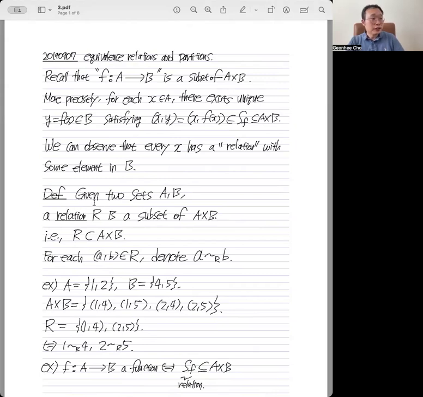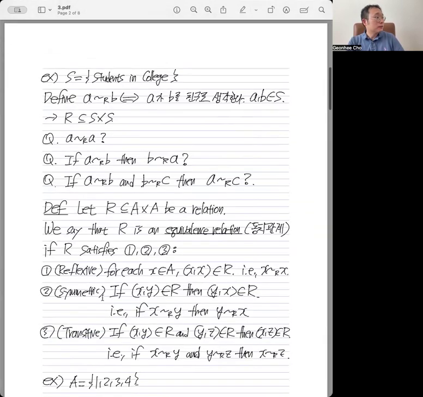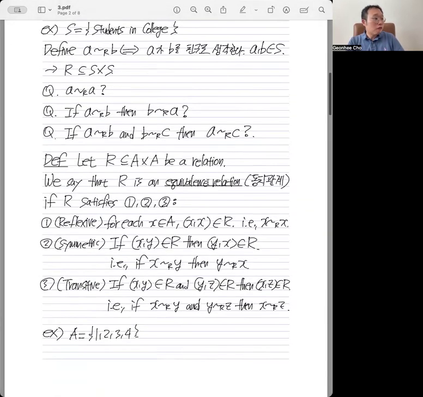A relation is a way of recording which element is connected to which element between two sets. Especially, we define an equivalence relation among relations on one set. An equivalence relation is a relation satisfying reflexivity, symmetry, and transitivity.